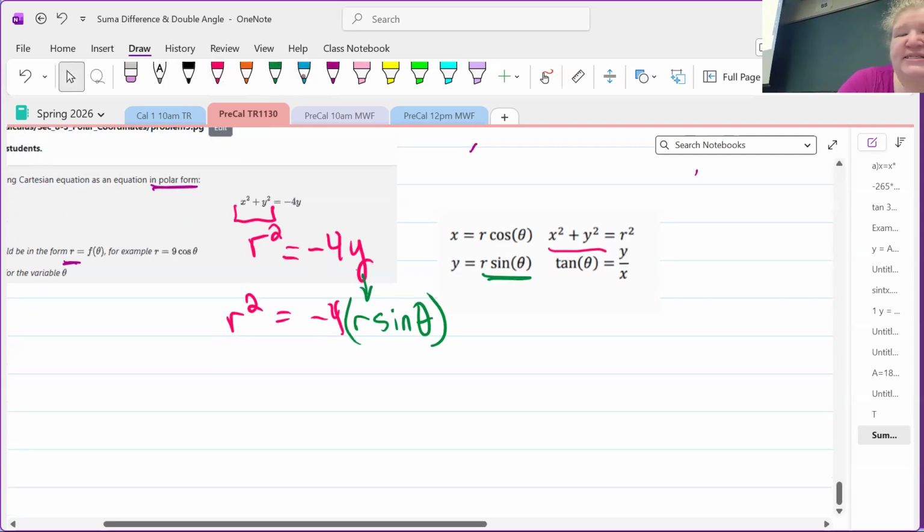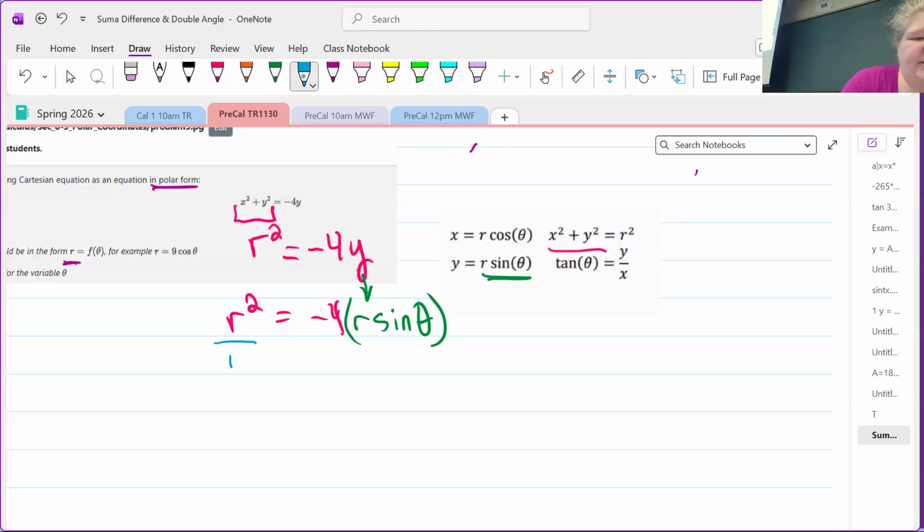Now, for the purposes of WebWork, we're going to do something that in any other circumstance we would not do. We're going to divide both sides by r. We can only do this because of the weirdness of polar. But normally dividing by a variable is an absolute no-no because you're dividing a solution out.